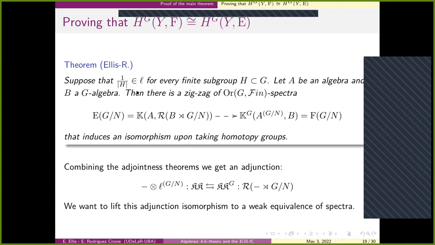So we have this theorem that says that if the order of every finite subgroup of G is invertible in the base ring, and A is an algebra and B a G-algebra, then these two OR-G-fin spectra, E and F, are connected by a zigzag of OR-G-fin spectra that induces an isomorphism upon taking homotopy groups.